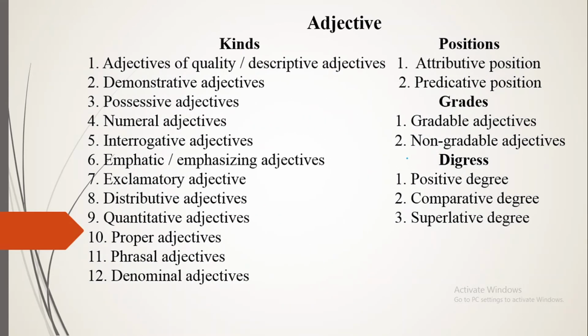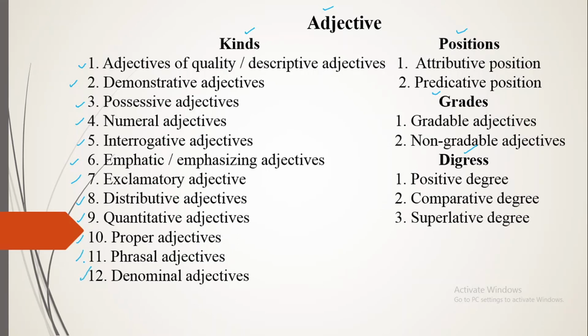Now let's discuss the kinds and the structure of adjective. Adjectives have kinds, positions, grades, and degrees. We will be discussing them one by one. The kinds of adjective are 12: adjectives of quality or descriptive adjectives, demonstrative adjectives, possessive adjectives, numeral adjectives, interrogative adjectives, emphatic and emphasizing adjectives, exclamatory adjective because it is one in number, distributive adjective, quantitative adjective, proper adjective, phrasal adjective, and denominal adjective.